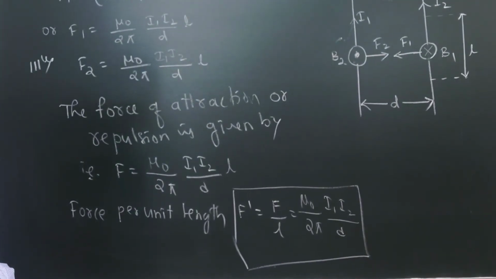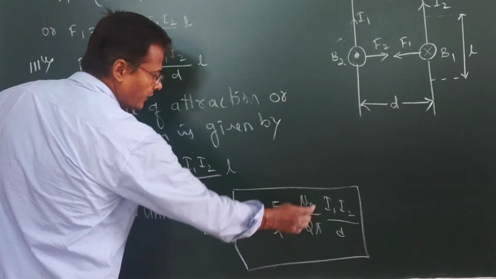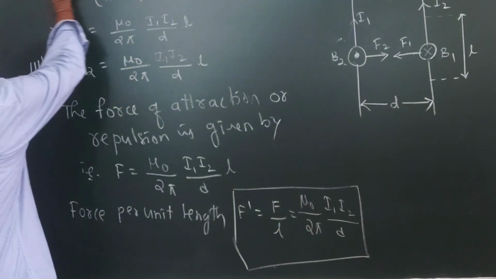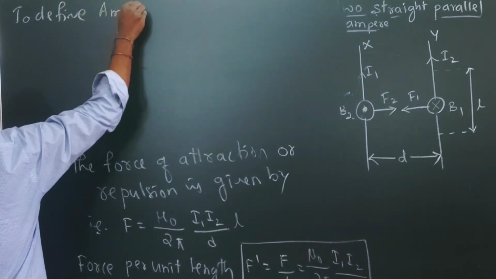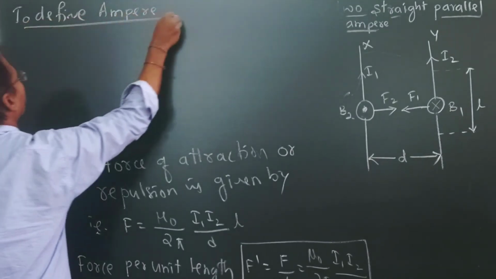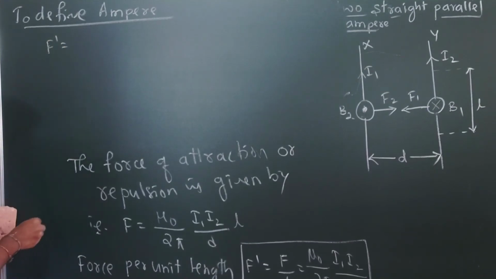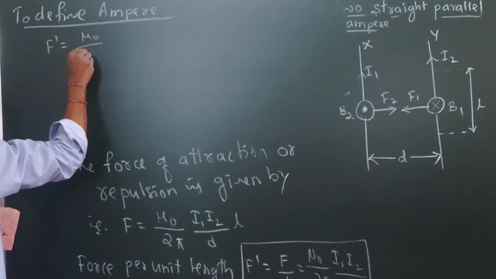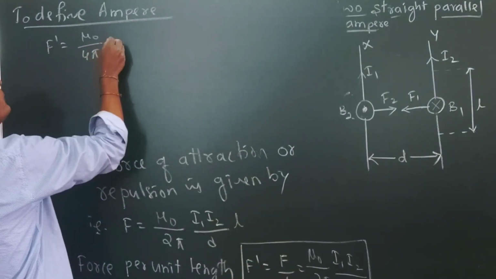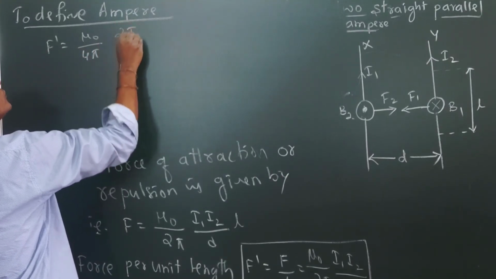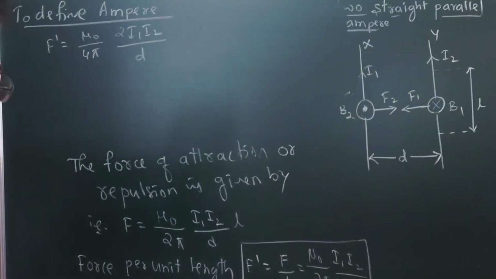To define the ampere, in this equation we multiply and divide by 2. The force per unit length, F dash, equals mu naught by 4 pi. Multiplying and dividing by 2 makes it 4 pi, so the expression becomes 2 I1 I2 divided by d.